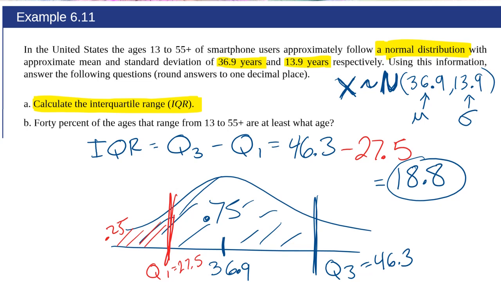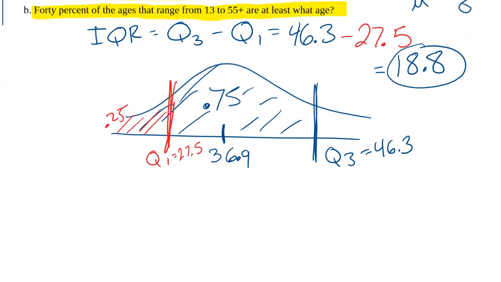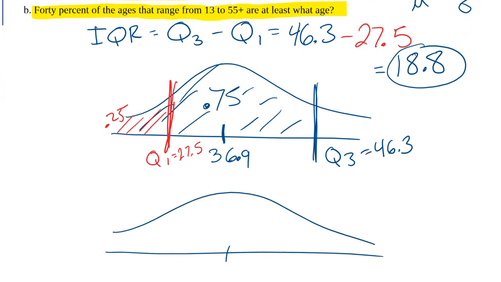Next, moving on to part B: 40% of the ages that range from 13 to 55 are at least what age? Let me start by drawing my distribution again. Here in the center, I have 36.9. So 40% of these x values are at least what age?